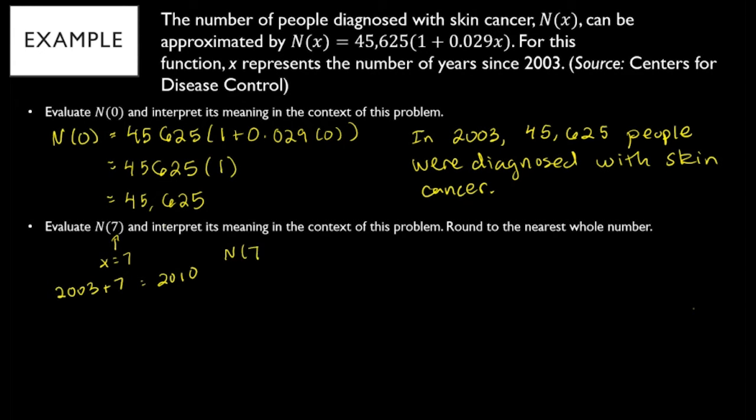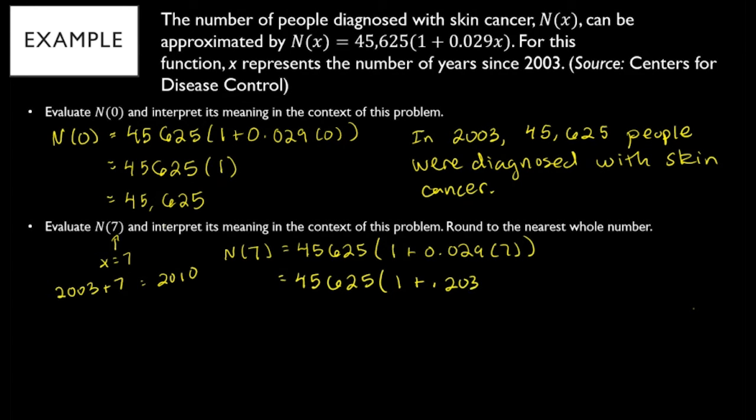So n of 7 is now going to be 45,625 times 1 plus 0.029 times 7. So calculator out, I need to multiply that decimal by 7. So we have 45,625 times 1 plus 0.203. So of course we're going to add 1. So 45,625 times 1.203.